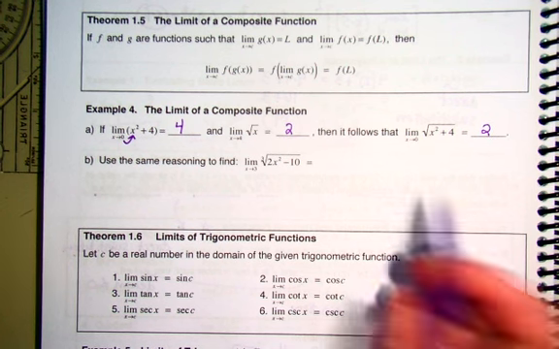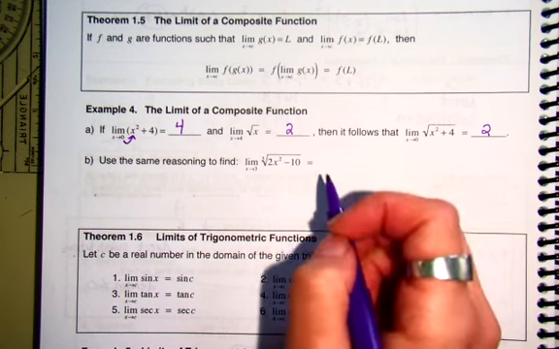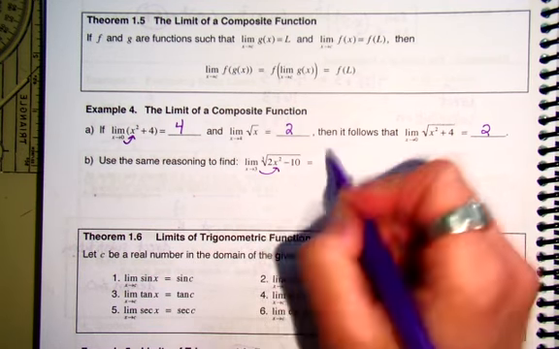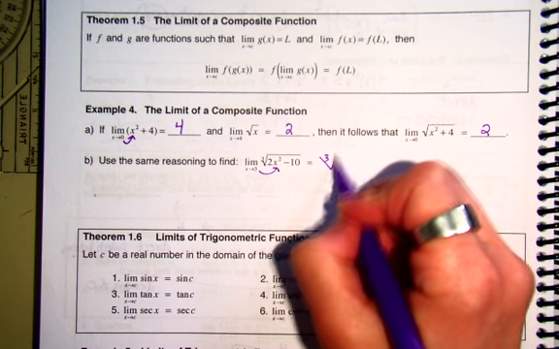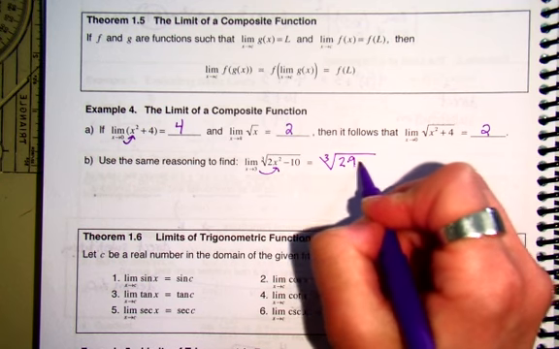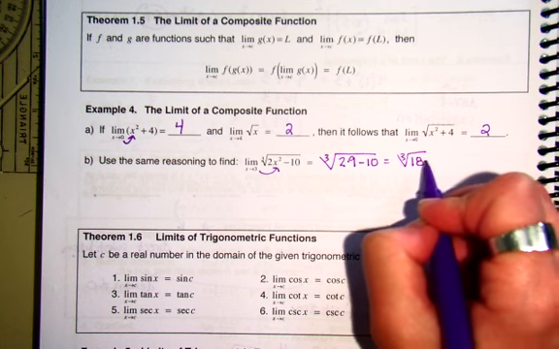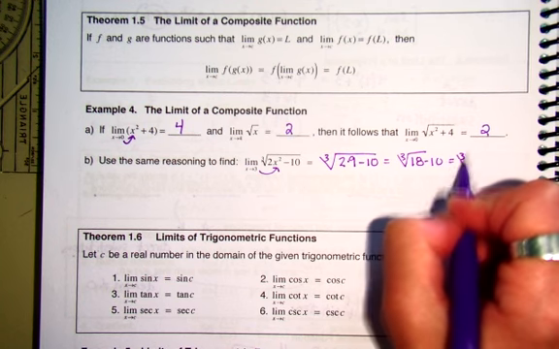Direct substitution. Cheaters. Okay, you can use direct substitution. We can plug it in. You get the third root of 2 times 9 minus 10, which is the third root of 18 minus 10, which is the third root of 8, which is 2.